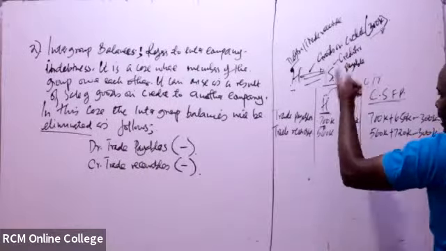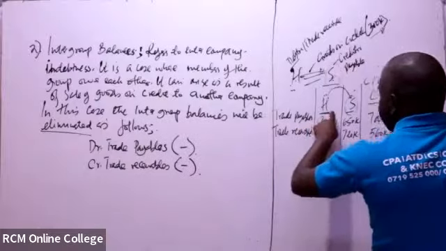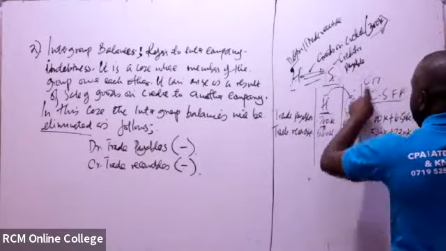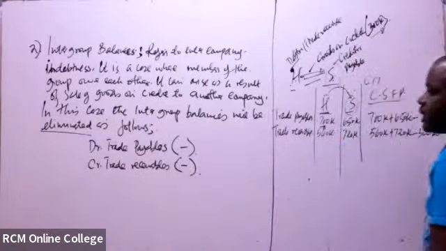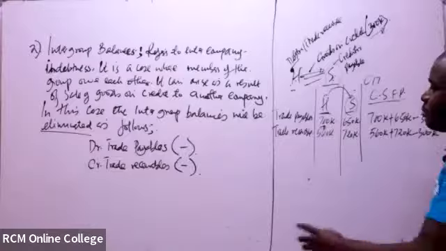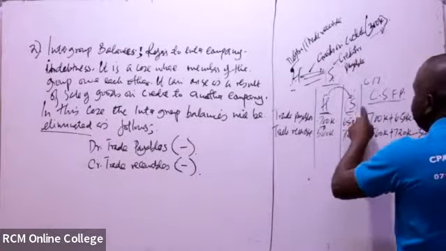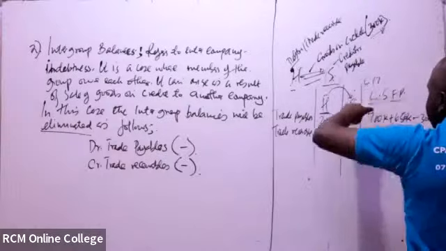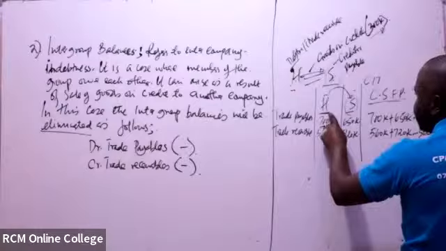The holding company will still recognize this amount as a trade receivable because they are yet to receive the money. But the subsidiary would have already eliminated that 300K because they have already paid.